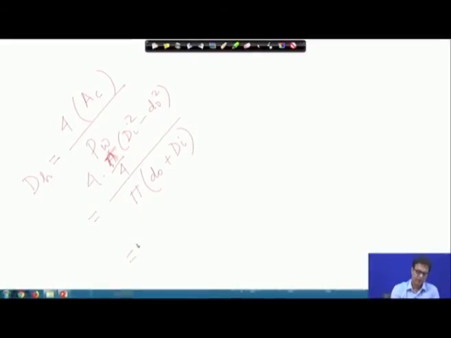From here you would be able to find out the hydraulic diameter, and this will come out to be 0.0176 meter.